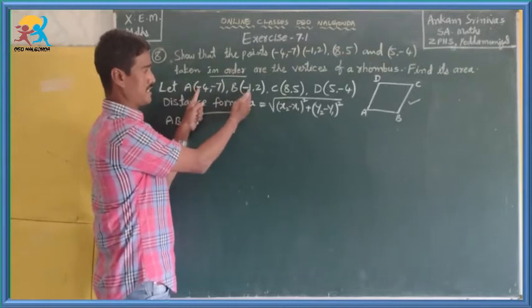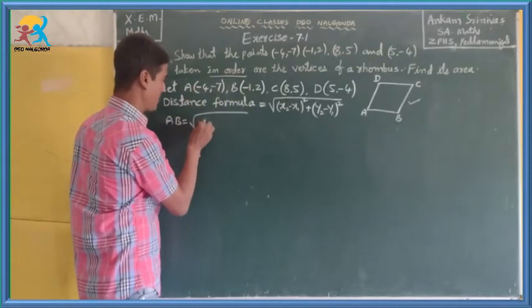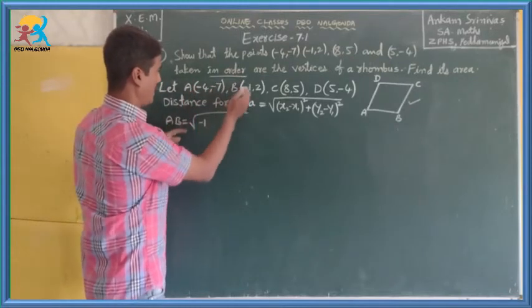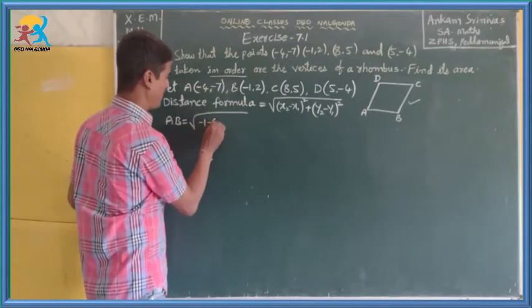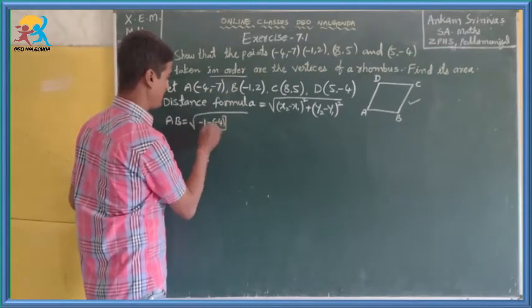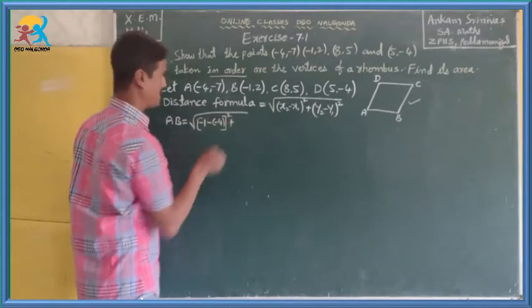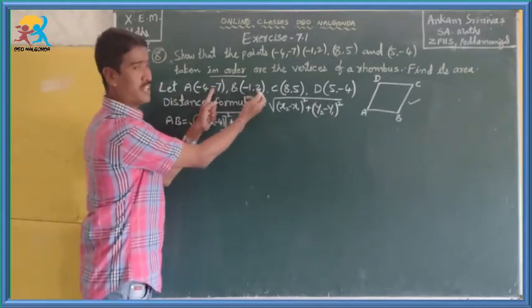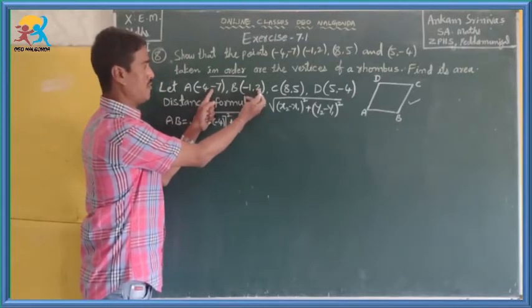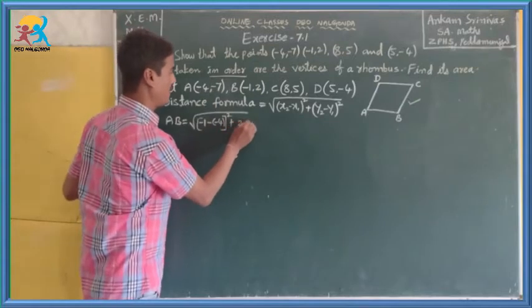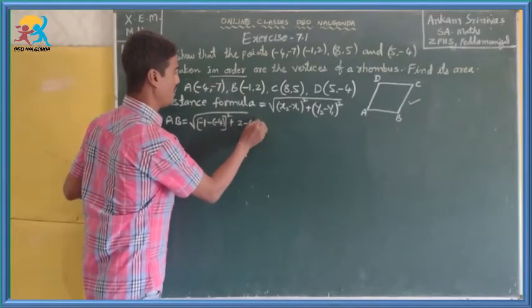For the x coordinates of AB: minus 1 minus of minus 4 whole square, plus the difference of y coordinates: 2 minus of minus 7 whole square.